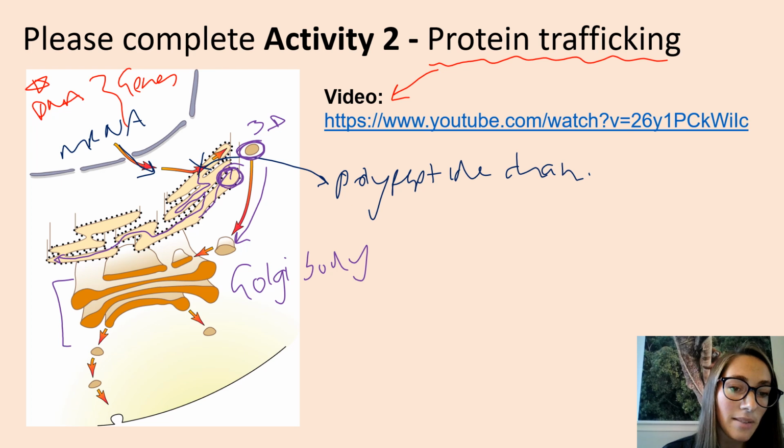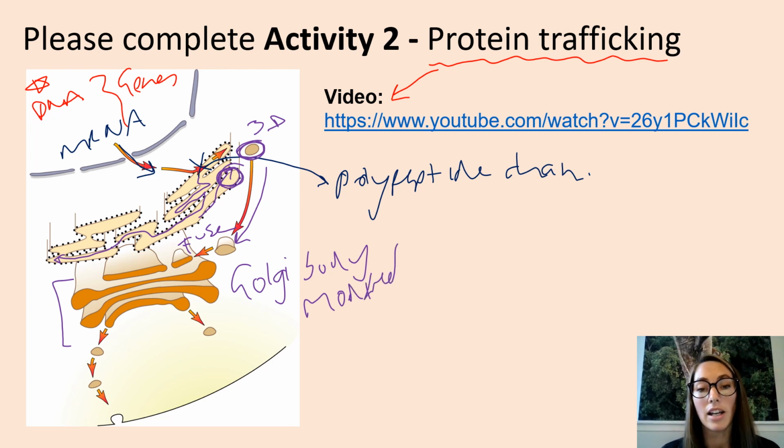The Golgi body is where modification is going to happen. This little vesicle is going to fuse, and that's quite a good word to use here, with the Golgi body, and the polypeptide might be modified. Something like a carbohydrate chain might be added to form a glycoprotein, and then that protein might have a particular function.